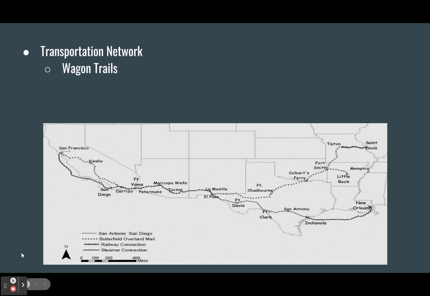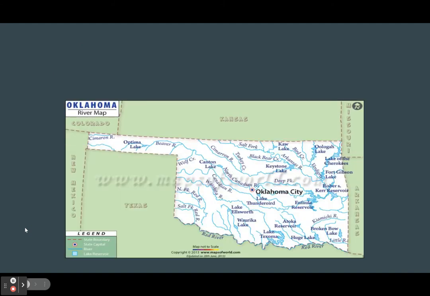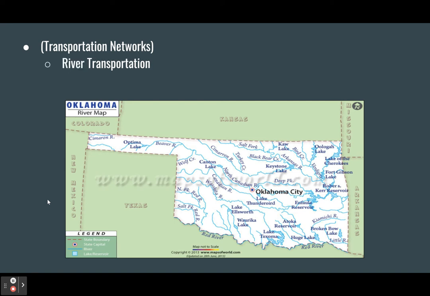It was about not just transportation, but it was about communication, right? There are routes developed for the military. It's developed for communication and travel, as well as routes for river transportation.